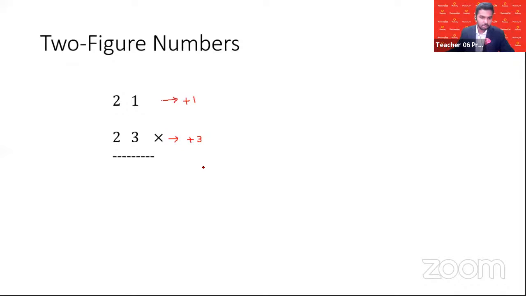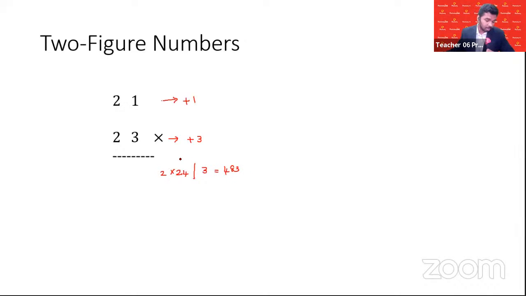So the answer should be 3 over here, and the remaining you can do as cross addition, which is 24, and you have to multiply by the factor of the local base, which is 2. So the answer is going to be 483.